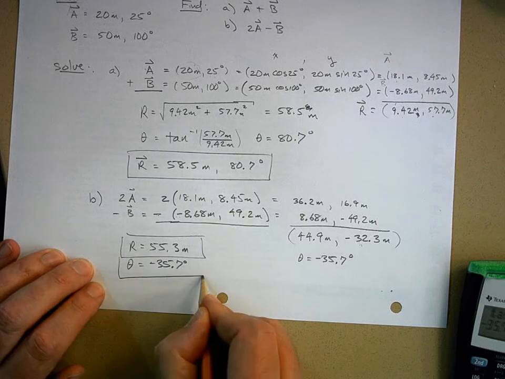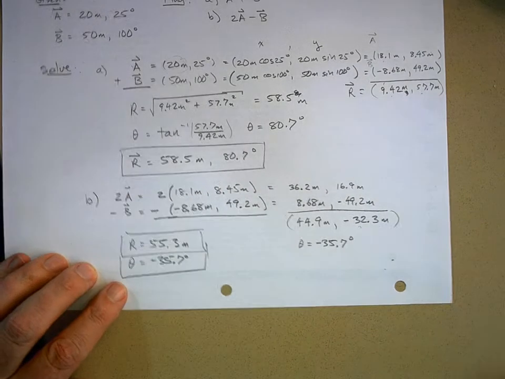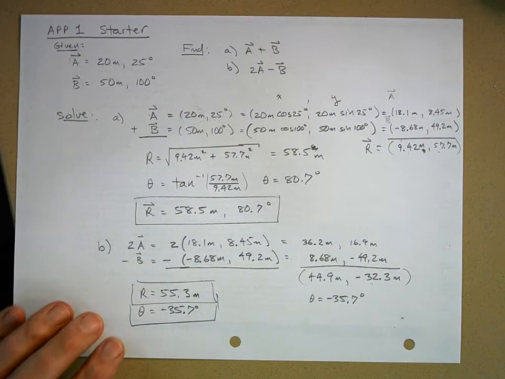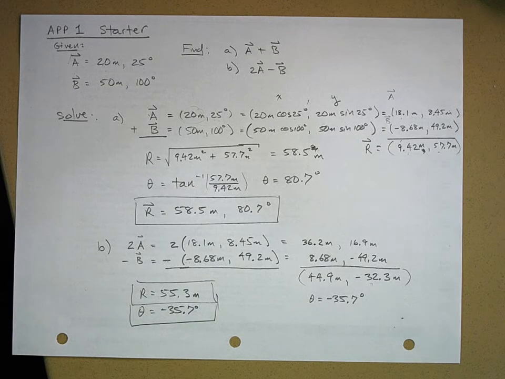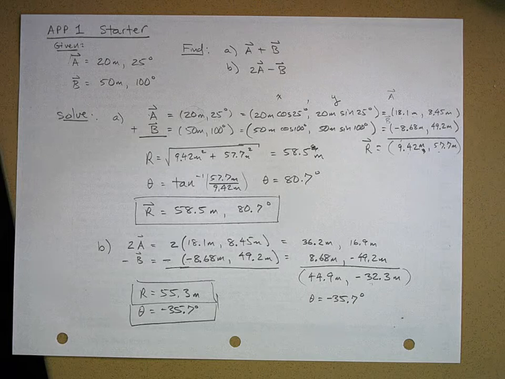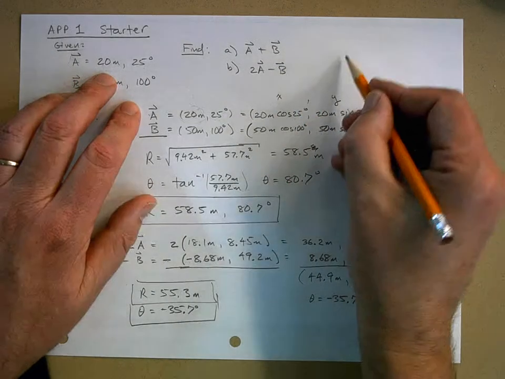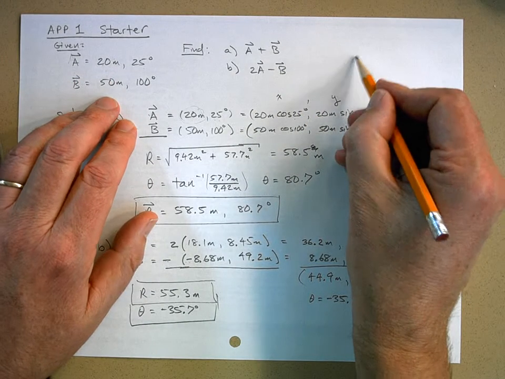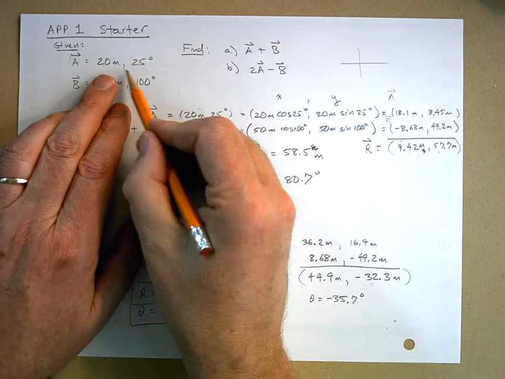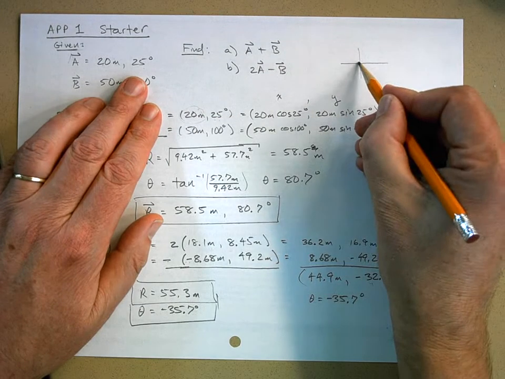And there's my answer. Now, one thing I didn't do here is I didn't draw a sketch to check my answer. So let's do that. I'm just going to start here. And I say 20 meters at 25 degrees.